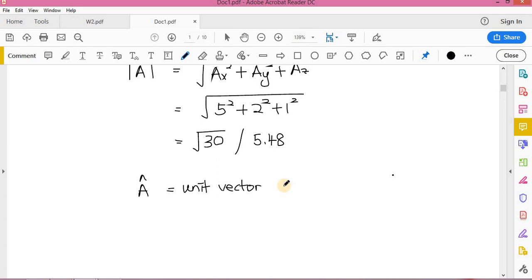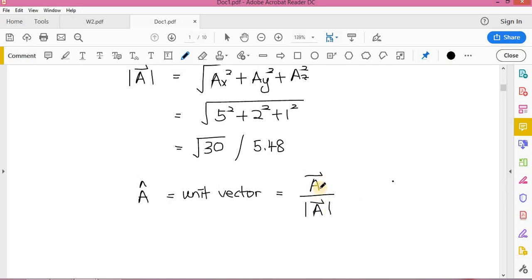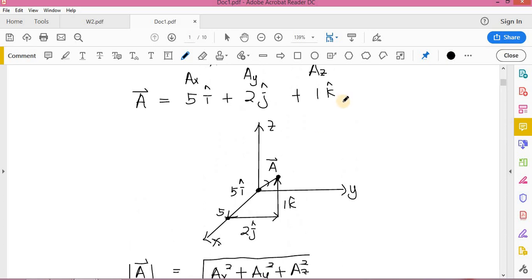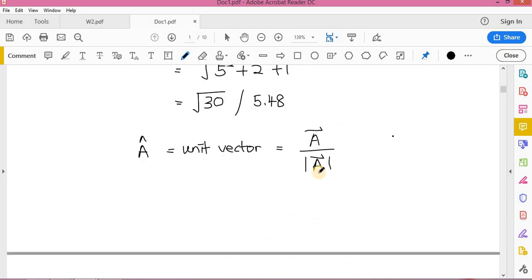The formula to calculate the unit vector is you take the vector A and divide it by the magnitude of vector A. The vector was given by me just now, right? And you have learned how to calculate the magnitude.